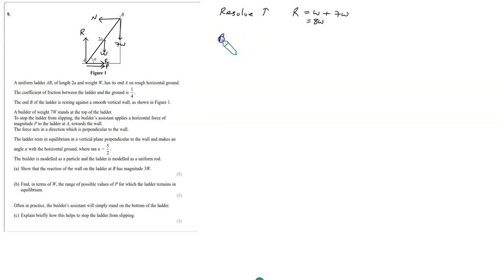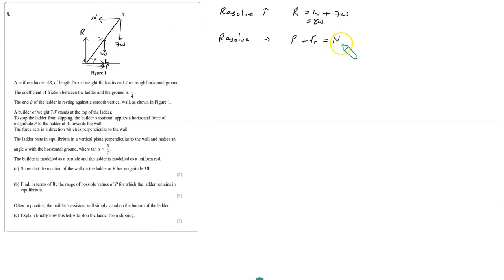Now resolving horizontally, we've got our force P, where the builder's assistant applies a force of P to the ladder, acting to the right, and the friction, as we've already alluded to, is going to the right because the ladder wants to slip down, and the assistant is only just applying enough force to prevent the ladder from slipping downwards.